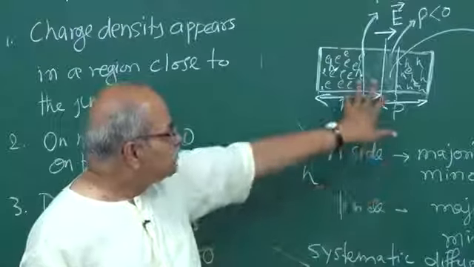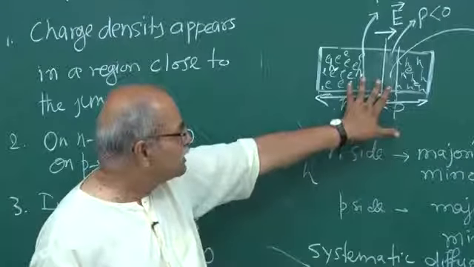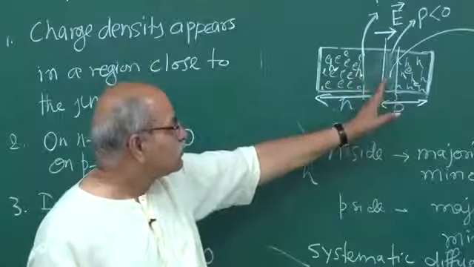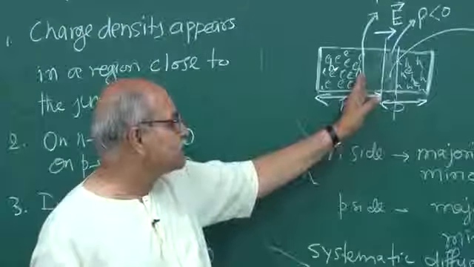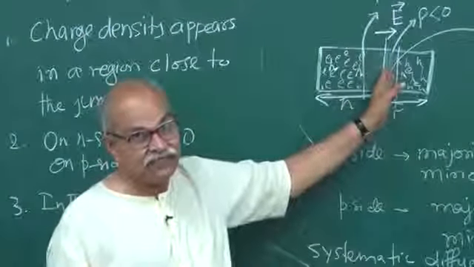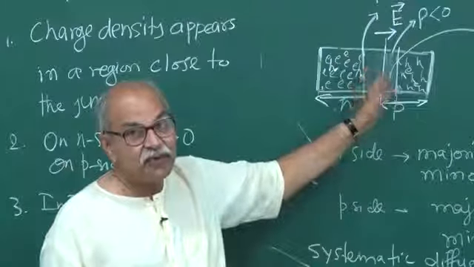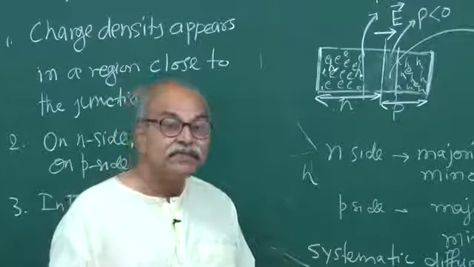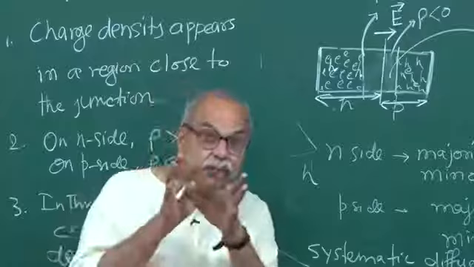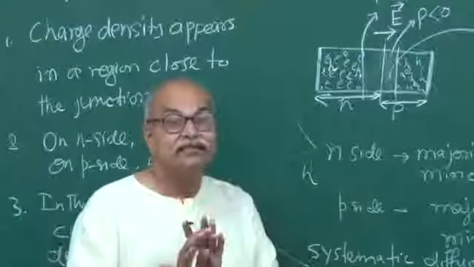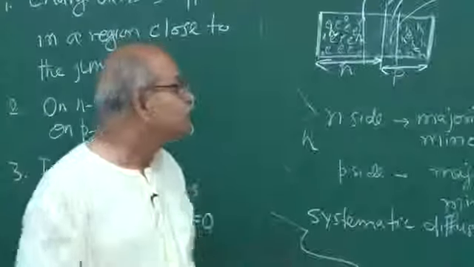So, the width of this depletion region on the left of the junction and on the right of the junction will depend on the concentration with which the dopants were put there, the impurity concentrations. All right.